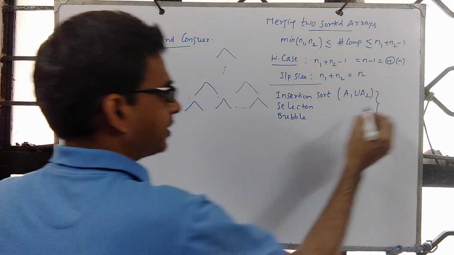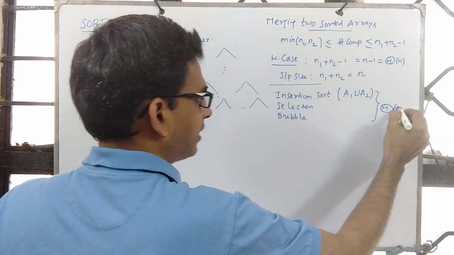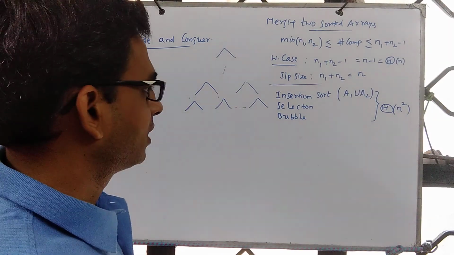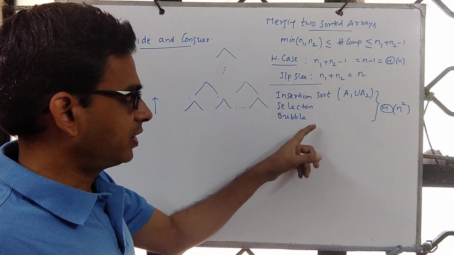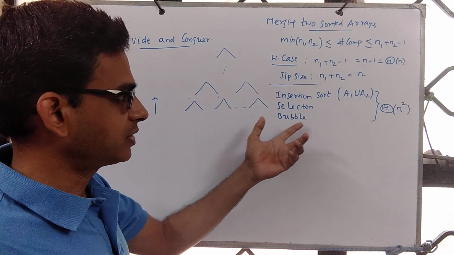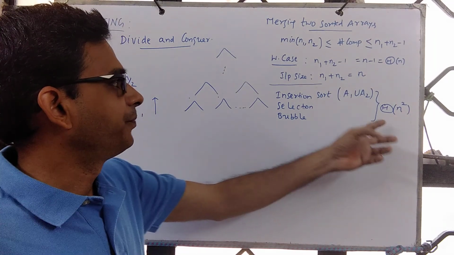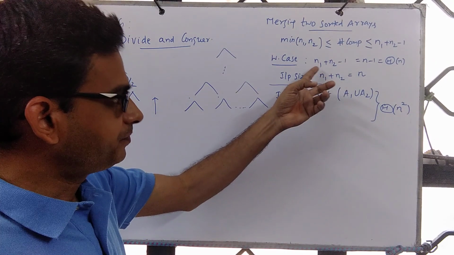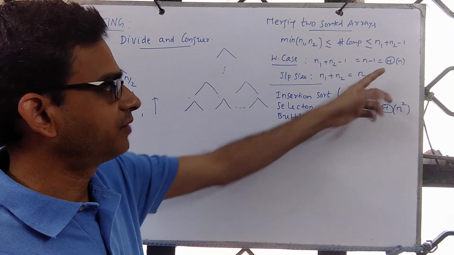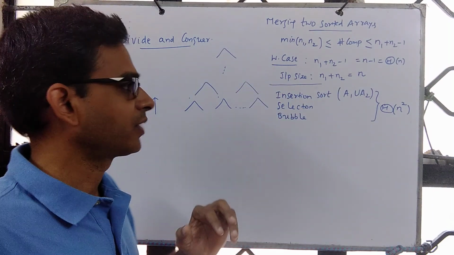For all of them, it is theta of the square of the input size n. Which means, if we invoke the incremental design strategy under which we saw three different algorithms, it will take theta of n square. But here is a strategy which is very different from all of this, taking theta of n time, which means this is the efficient strategy.